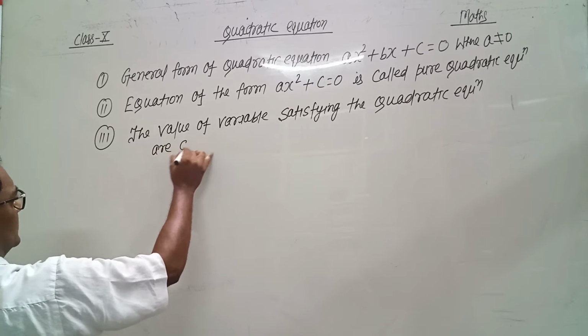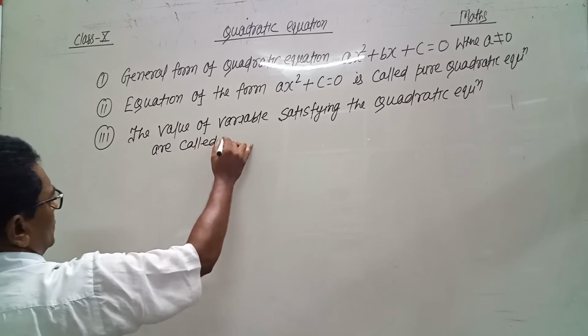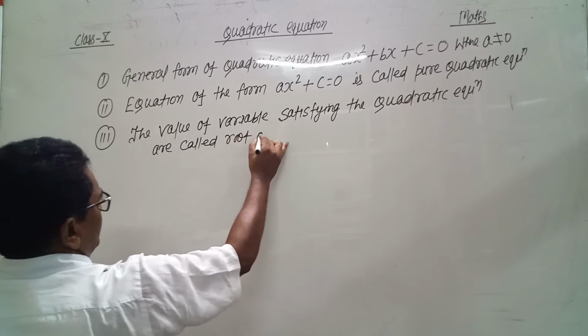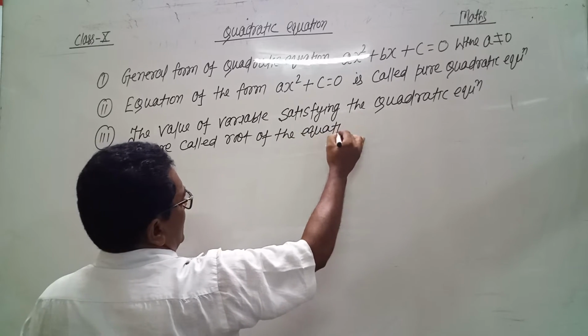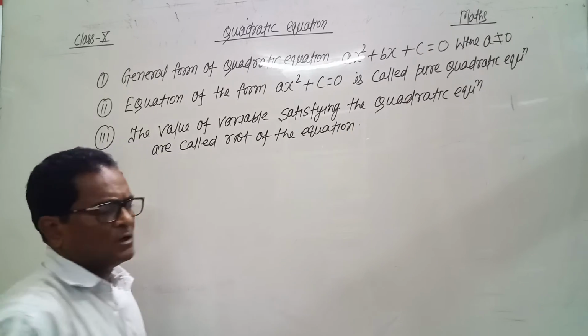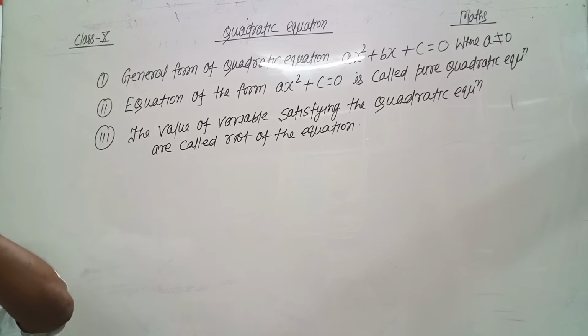Variable means x, y जिसकी वैल्यू चेंज होती है. Root of the equation: x की वो वैल्यू जो क्वाड्रेटिक इक्वेशन को सेटिस्फाई करे, meaning when we put the value of x on the LHS, the result comes to be 0. Then we say that the value of x is the root of the quadratic equation.